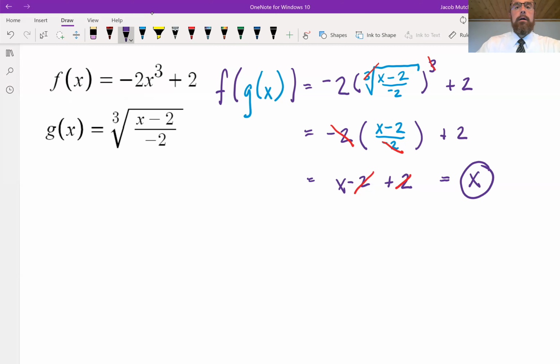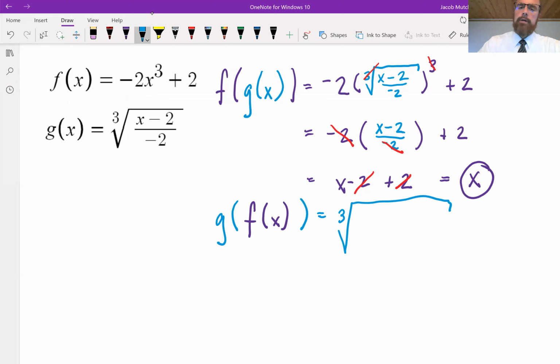Well, let's check the other direction. Let's let g be the overarching function, and we'll compose the f function within g. g is a cube root function, so we've seen it subbed in before in our previous direction.